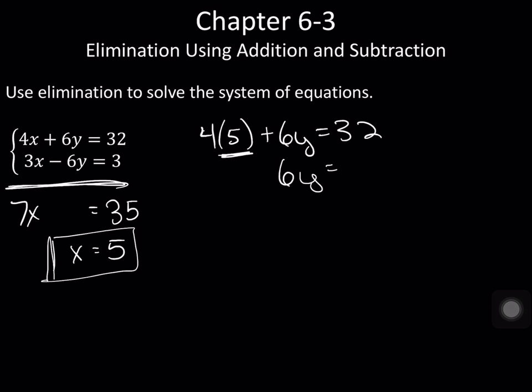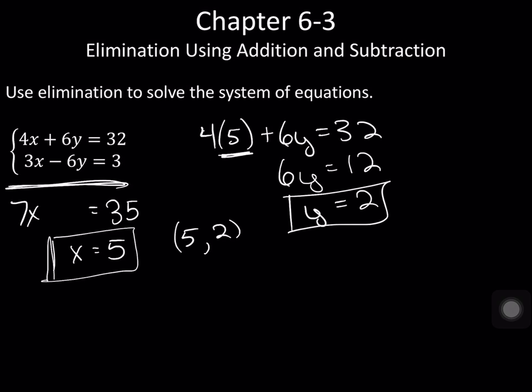That has to be subtracted from both sides. Divide both sides by 6. y equals 2. And that's the other part of our ordered pair, (5, 2). So if we were to substitute the ordered pair (5, 2) into these two equations, then they should be true statements. (5, 2) is the solution to the system because it works for both of them.